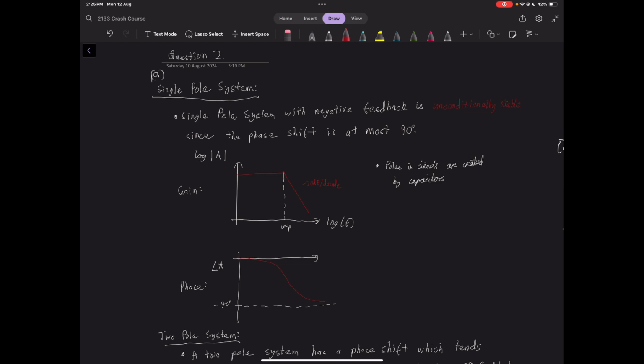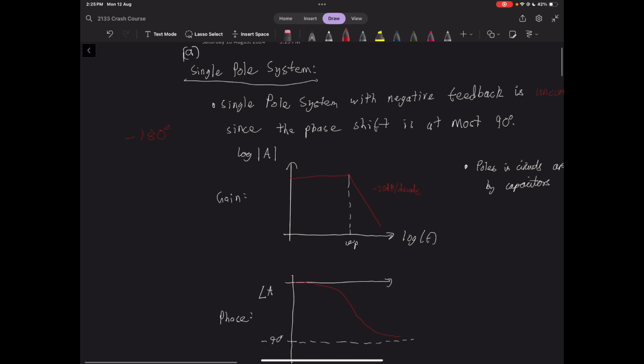Hopefully you know that when the phase shift hits negative 180 degrees, we get instability with a system that has negative feedback. And this is because if we have our voltage in, let's say it's 0.1 volts, at a frequency of 1,000 hertz, and it's got 0 degrees of phase shift.